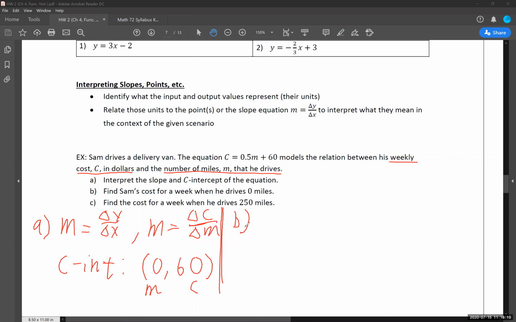So if m is 0, what is our c value going to be? It turns out that we've already found that. That's our c-intercept. So find Sam's cost for a week when he drives 0 miles. It's going to be $60. So it's our y-intercept that we already have written in the problem, and now we just answer it right there.